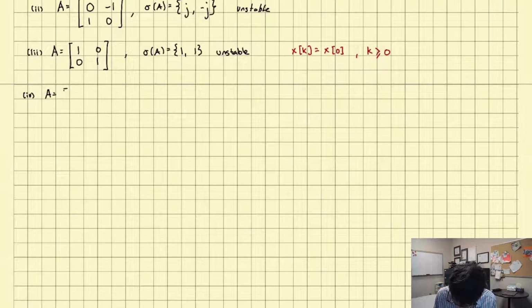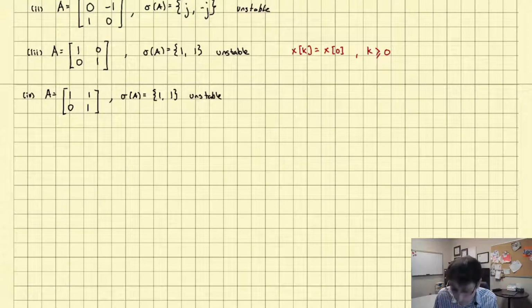What about this matrix? It also has eigenvalues which are 1, 1, so unstable. Though the dynamic behavior of this system, or this model, is a little bit different, right? In this case, if you look at the matrix, x2 doesn't change.